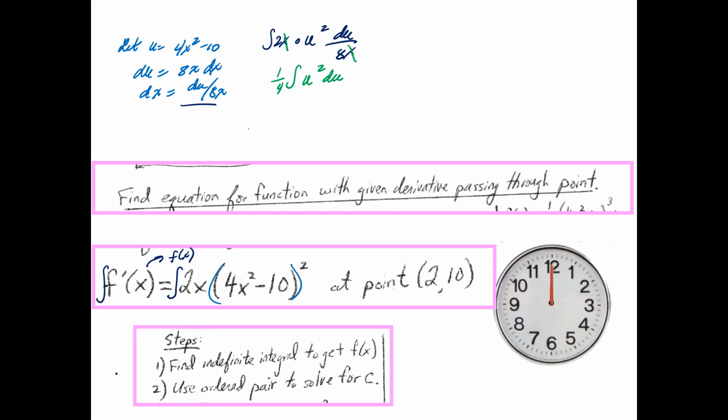Now that everything is in terms of u, I'm going to add the 1, which gives me a 3, divided by 3. I have 1 over 12 u, which I'm going to replace back is 4x squared minus 10 cubed plus c.